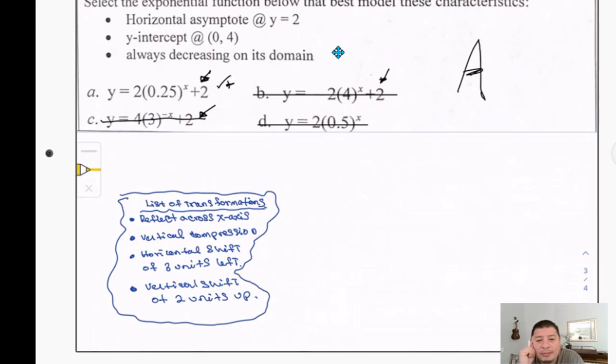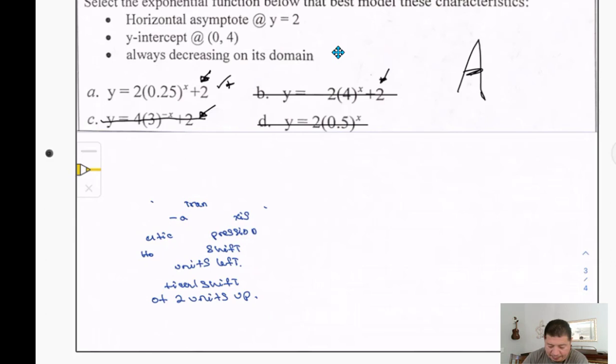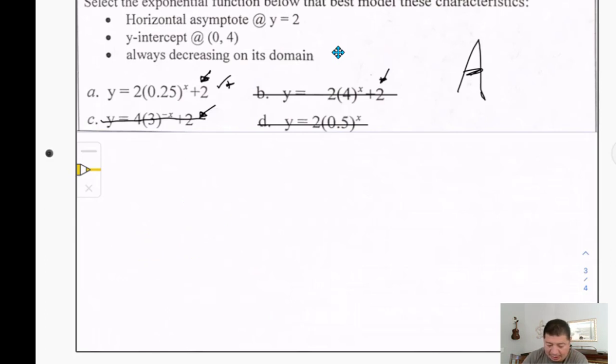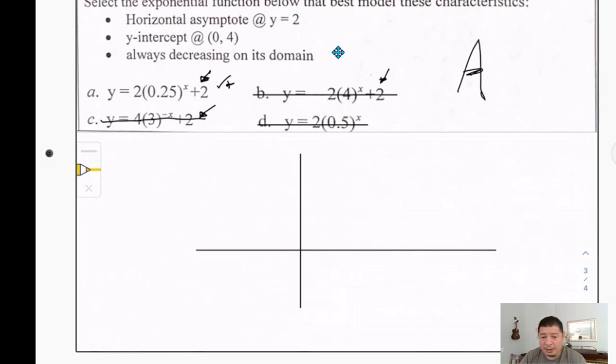Now, always decreasing on its domain. Always decreasing on its domain. Let's go ahead and graph it and see what that's all about. Okay, so the first thing that I want to do is take care of my horizontal shift, vertical shift.